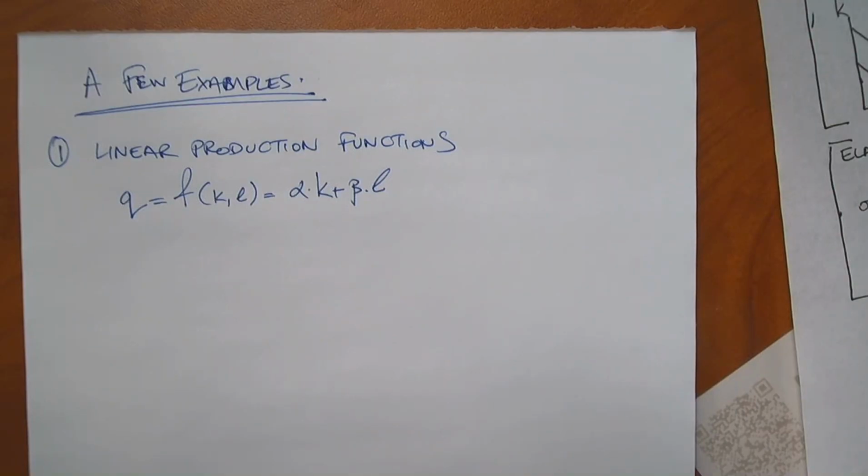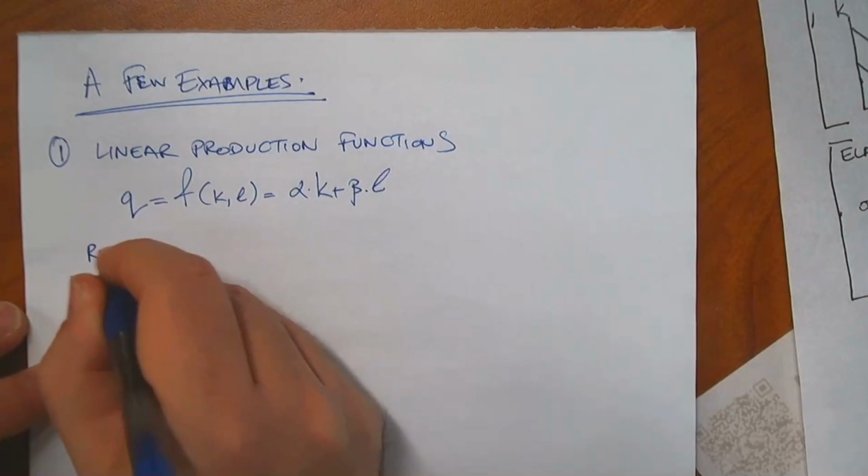What is the scale for this functional form? How do these isoquants look? And what is the elasticity of substitution for this production function? That's the checklist, if you will, for each production function.